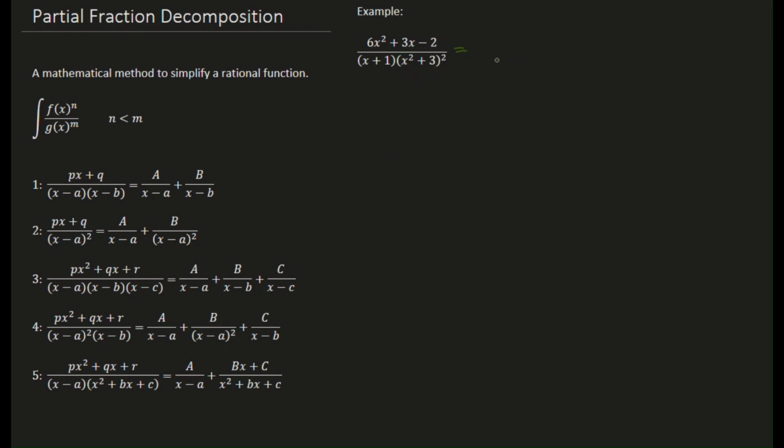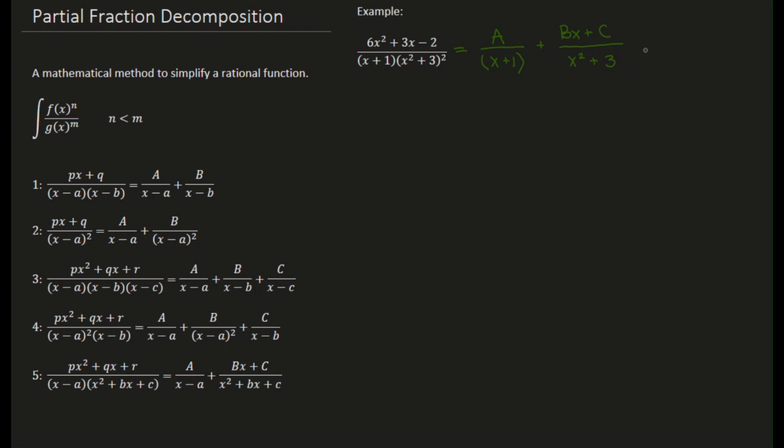So the way that I would set this up is the first parenthesis is going to be set up the same, A over x plus 1. The second two parentheses is where I really combine 5 and 2. So the second parenthesis set is going to be bx plus c over x squared plus 3, and this one is just to the first power.